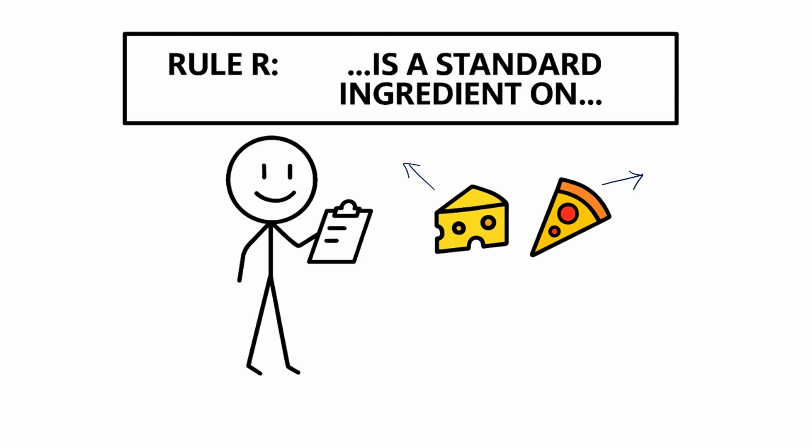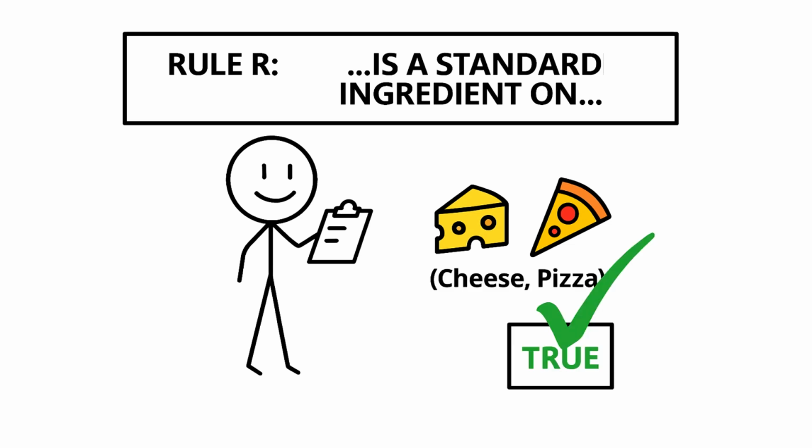Now, can I say here according to rule R, cheese is a standard ingredient on pizza? Does that sound relevant? Does that sound correct to you? Well, yes. So, we can say that cheese, comma, pizza, this ordered pair is related or is true.